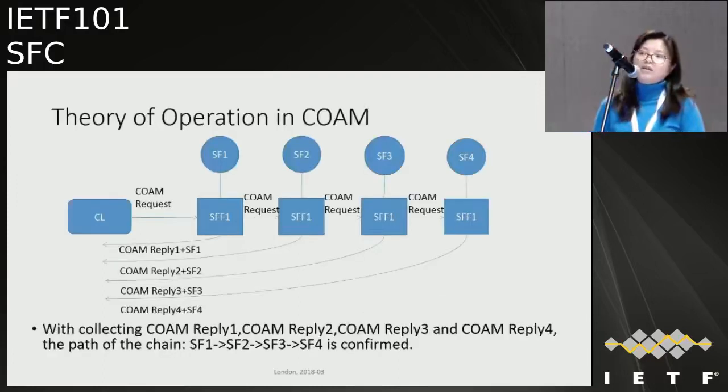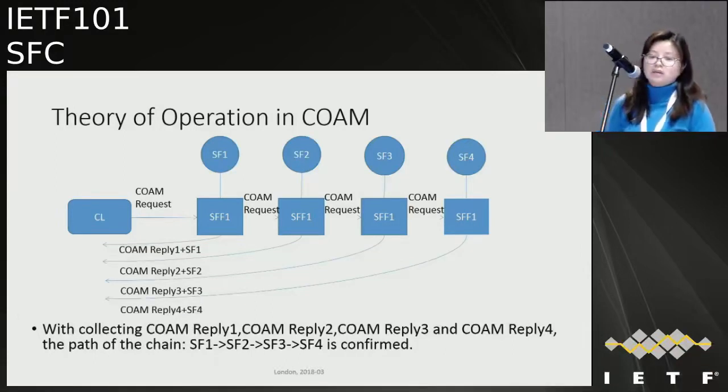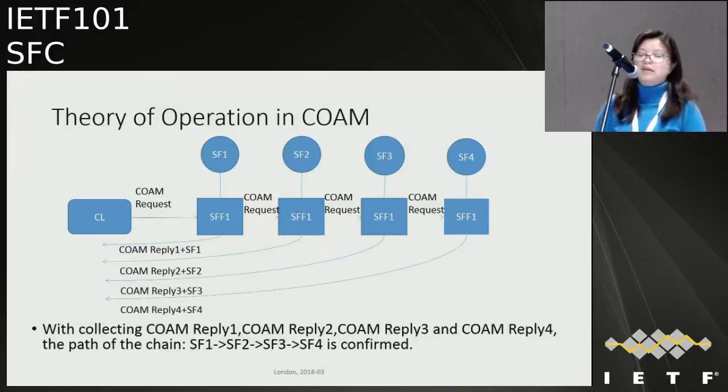In case this is your first time to view this draft, I'd like to introduce the COM first. The COM is the path consistency check OAM. For every SFF in the SFC, once it receives a COM request message, it will take two actions.